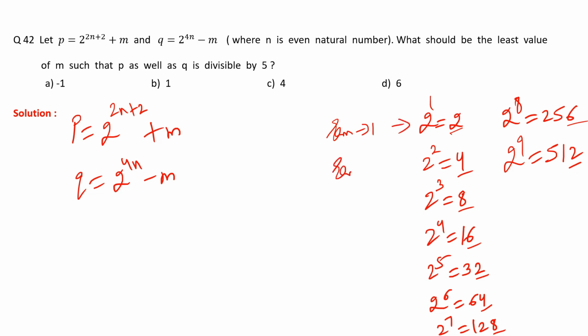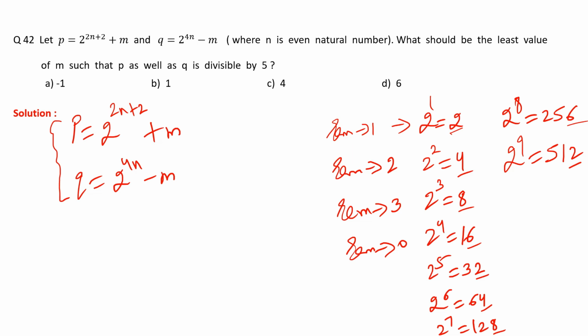If the remainder is 2, then the last digit will be 4. If the remainder is 3, then the last digit will be 8. And if the remainder is 0, then the last digit will be 6. Now we are going to use this concept in order to solve this problem.